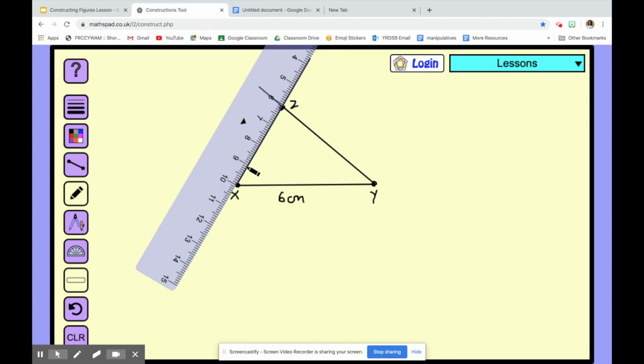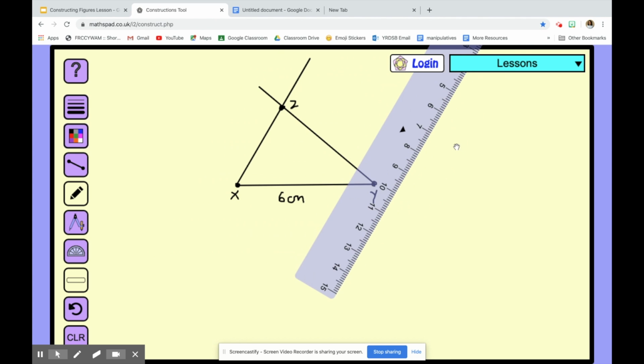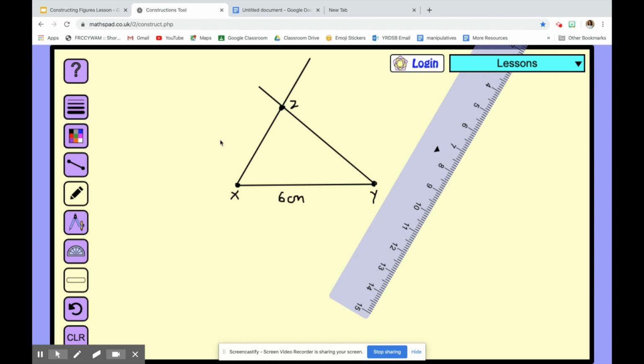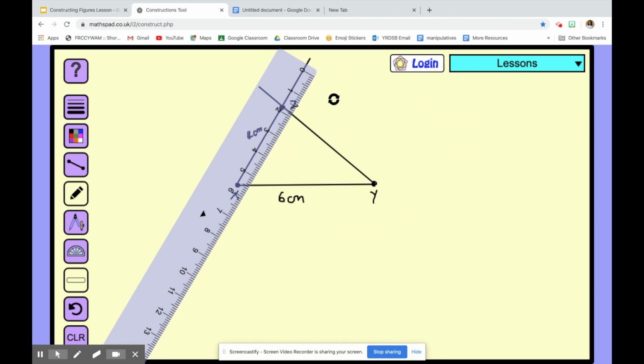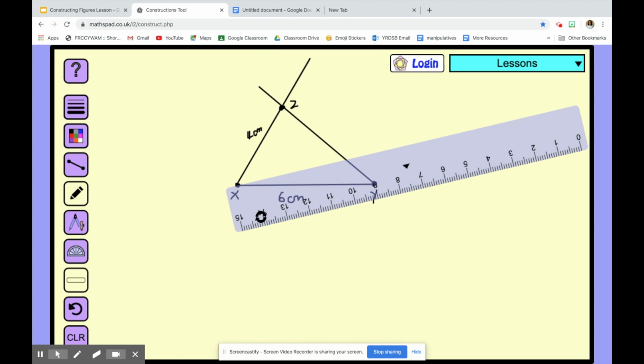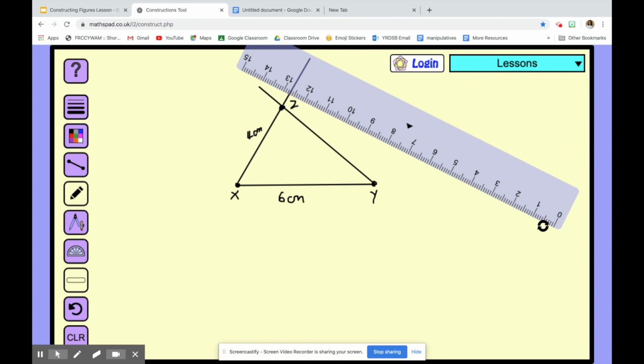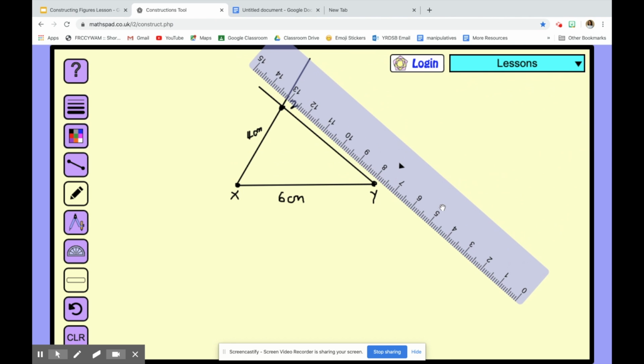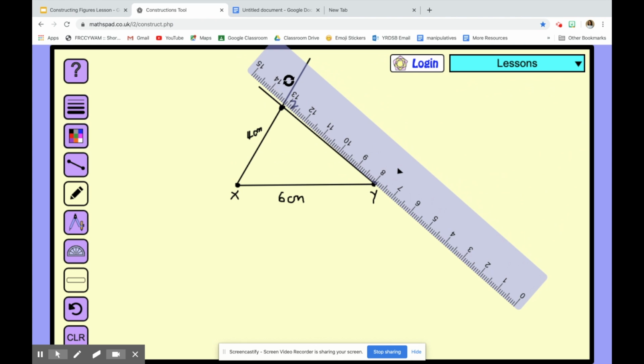So here we have 1, 2, 3, 4. So I'm going to write down 4 centimeters. And then let's look at this side. So we're going to turn our ruler around. Let's line up our ruler against this line properly.